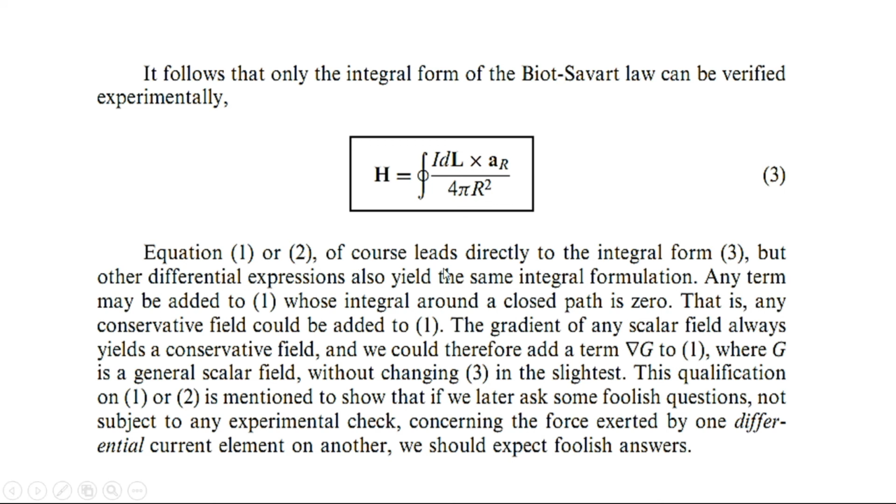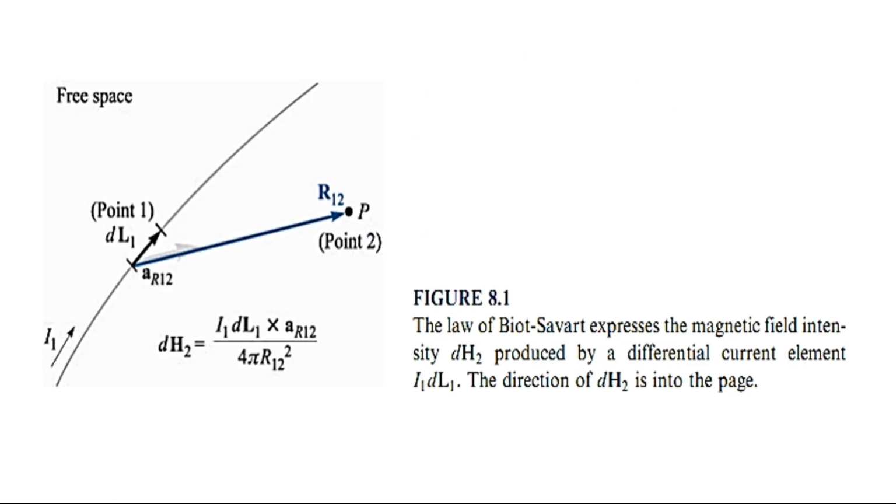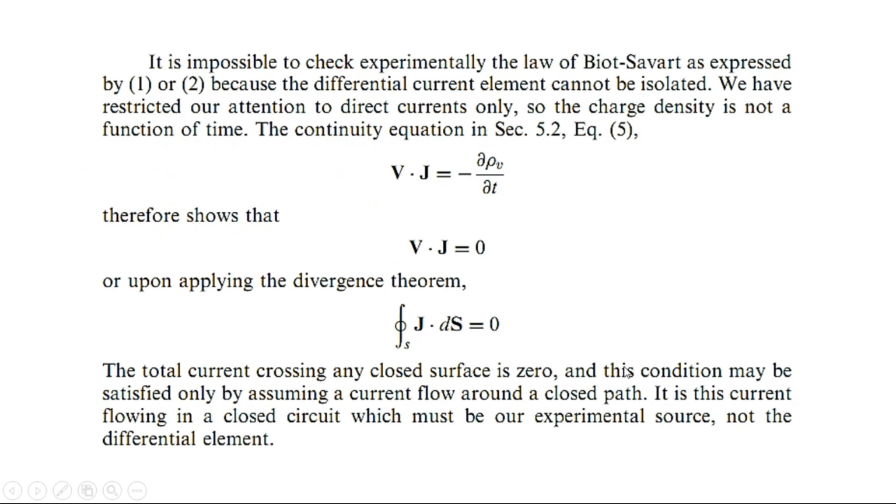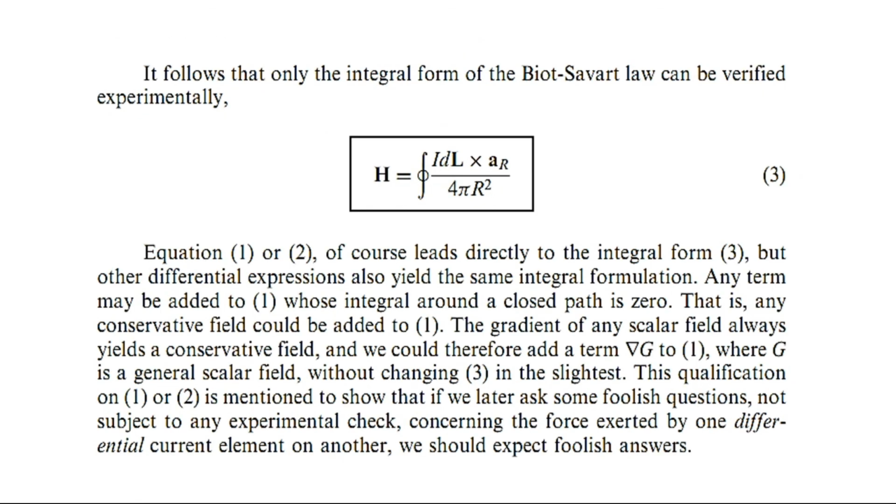Equation 1 or 2 of course leads directly to the integral form, but other differential expressions also yield the same integral formulation. It means that this integral equation can be derived directly from equation 1 or 2, but other equations may also yield the same integral formulation.